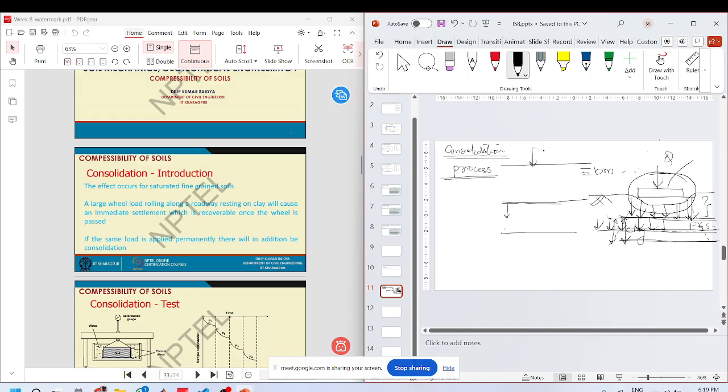Now that I have increased the loading, this soil will experience load that it had not experienced earlier, and under this load it will start compressing, because soil is compressible. Basically, coarse grained soils, because they are freely draining, show immediate settlement.